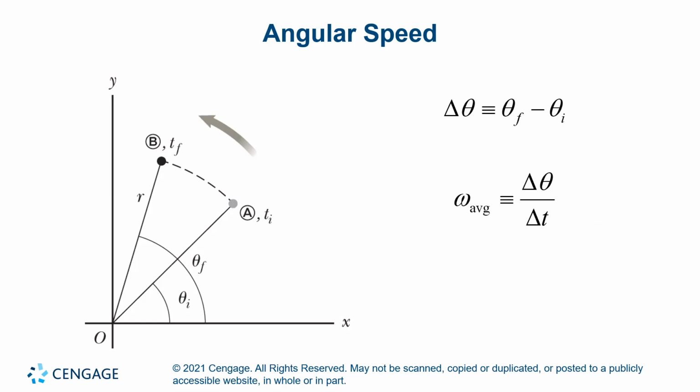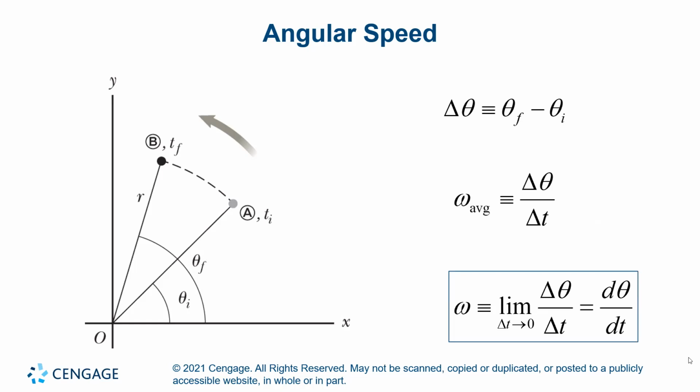It is analogous to translational speed. You remember our average velocity, right? Now we have average angular velocity or angular speed. Now this one is omega only. This is instantaneous. You remember we used limits or derivatives for our instantaneous linear velocity. Now we have instantaneous angular velocity, d theta over dt.